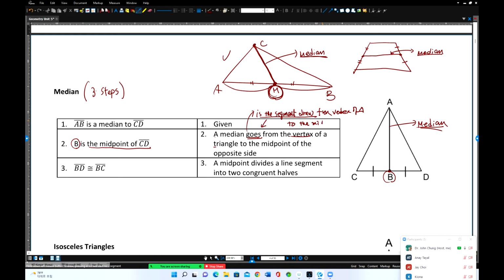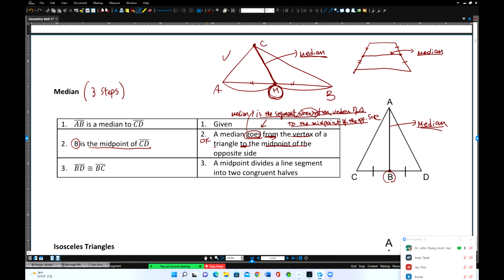Many people like this one. Just to explain, a median is the line segment drawn from a vertex of a triangle to the midpoint. Saying "goes from" is okay too. Always you need the midpoint of the opposite side. You have to memorize this, okay?